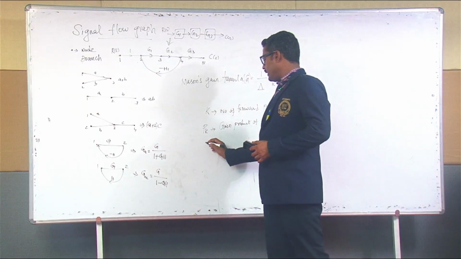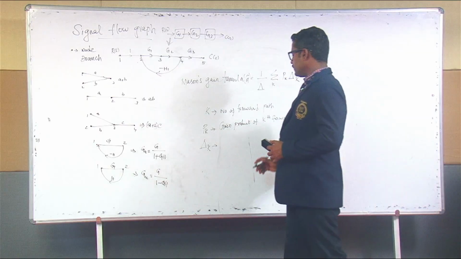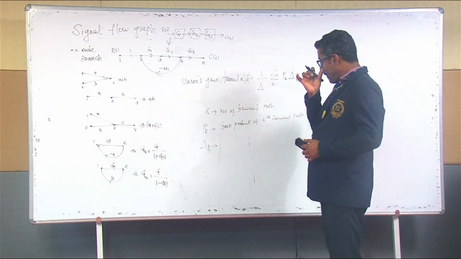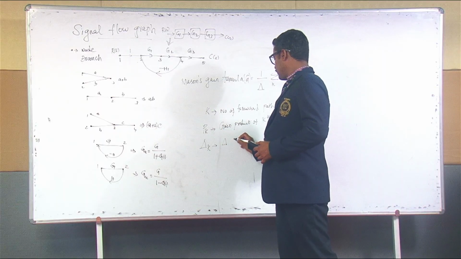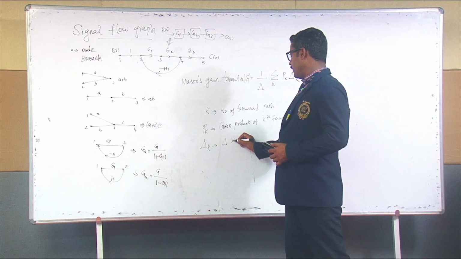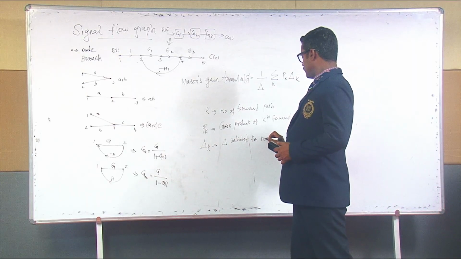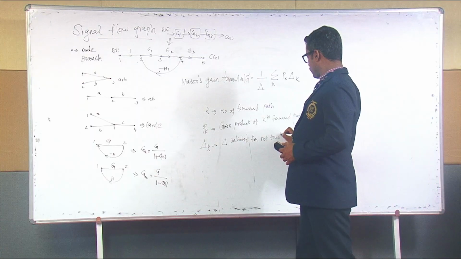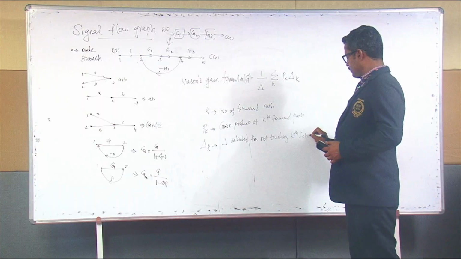Okay, and what is del k? The del k is the value of del calculated for the part of the graph not touching that particular kth forward path.